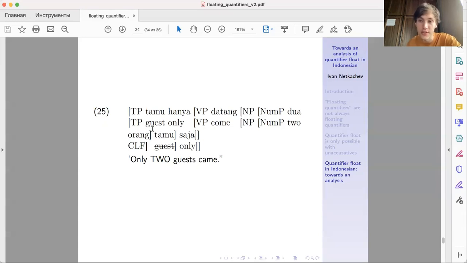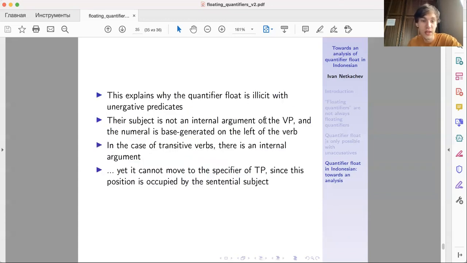And here I assume that this position is the specifier of TP. It moves there. However, the rest of the noun phrase, in this case, the quantifier, gets stranded. And that's how the whole sentence is generated.